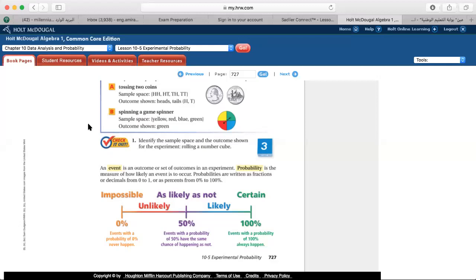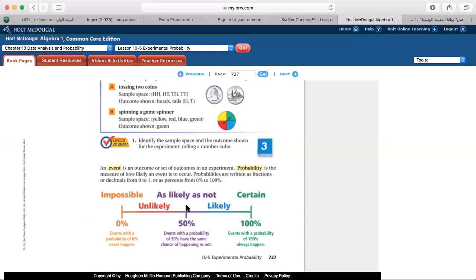Okay, this way of showing the probability is so important. Like 0%, the event is impossible to happen. Like we are now learning in our home, it is impossible to go to school, right?